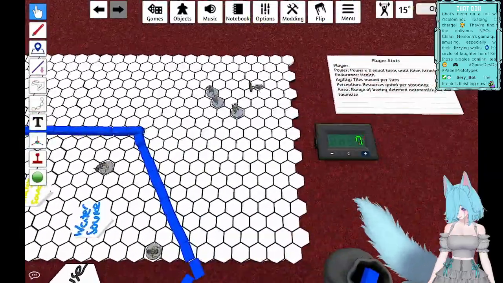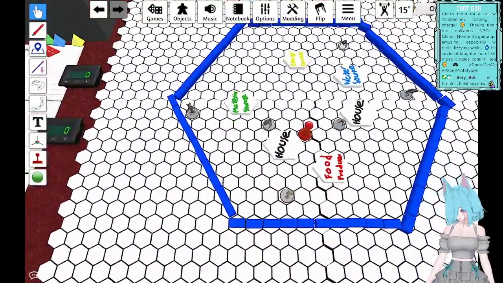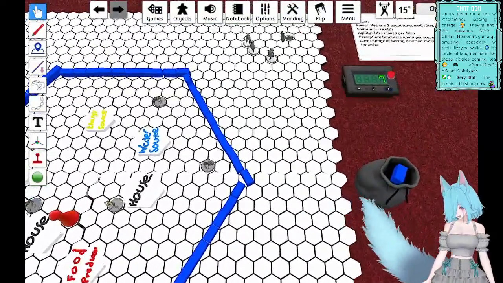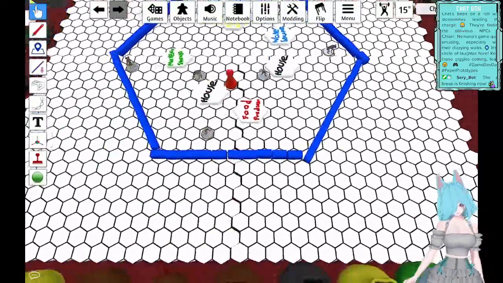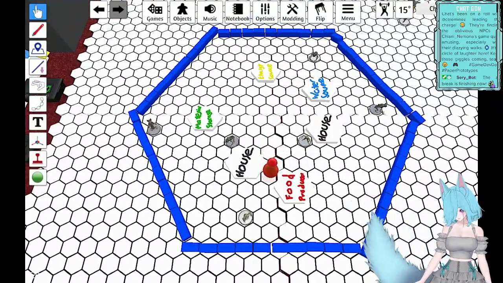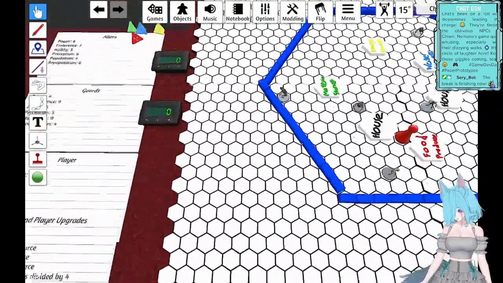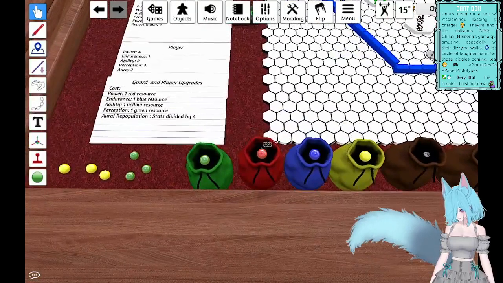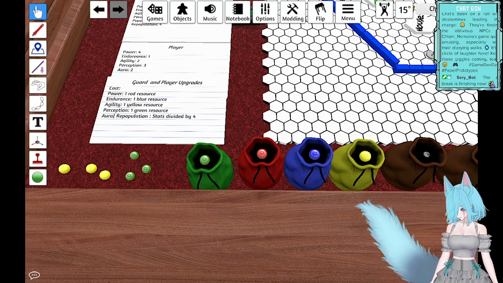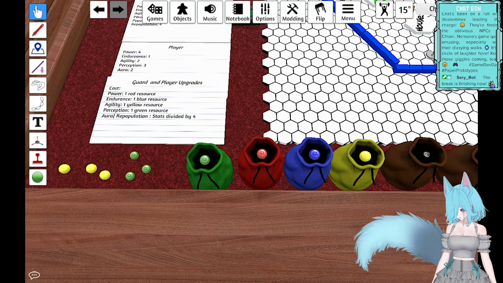And, wait, that was... Now it's the final turn. And, yep, we get the food. Come on.